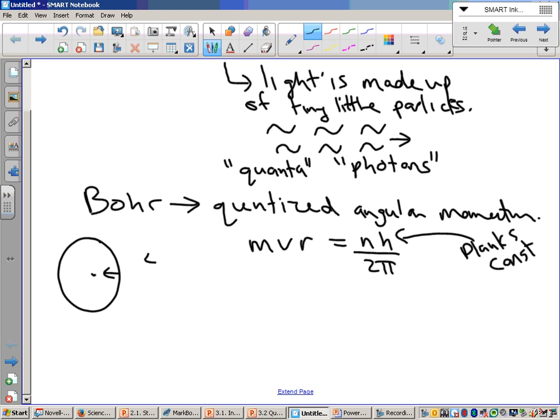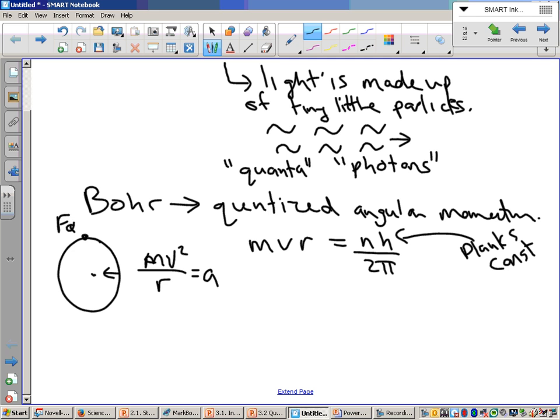mv squared over r is the centripetal acceleration, right? Yeah. mv squared over r equals a, right? And you'll notice we got lots of m's and lots of v's and lots of r's, so it's really simple to put this into here. And you'll also use the equation that represents the force on charged objects.